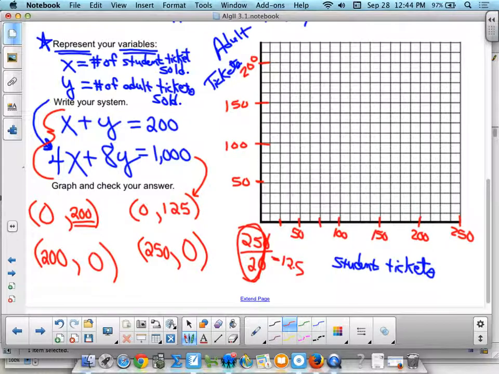All right, so 0, 200 is here. 200, 0 is here. And if I connect, I get that. All right, the other one is 0, 125, which would be here. And 250, 0, which would be here. And if I connect those two, whoa, way off, sorry.